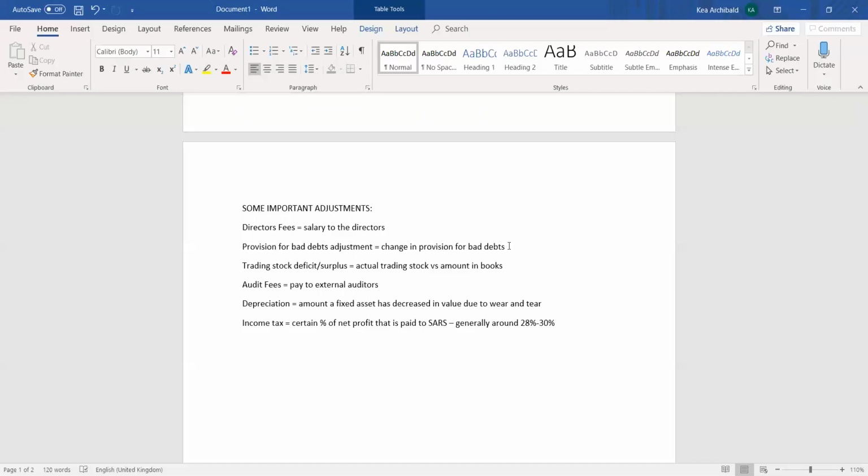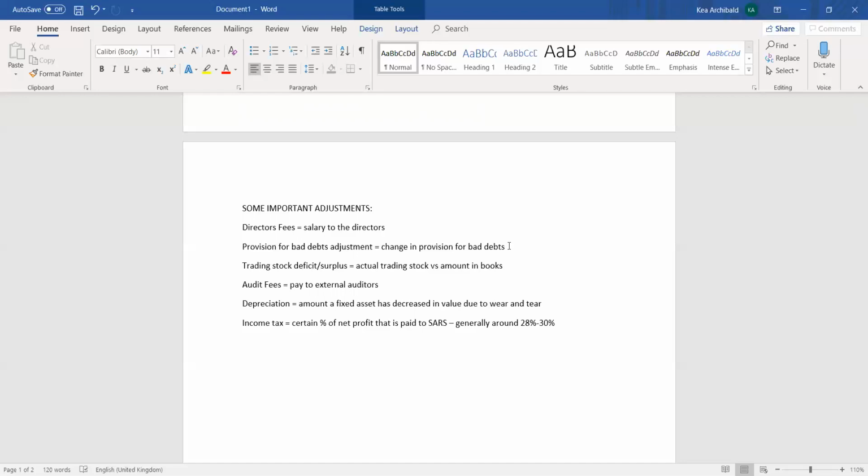Then we move on to trading stock deficit or trading stock surplus. This is when we compare our actual trading stock amount to the amount that we have recorded in our books. This is generally after we've done a stock take at the end of the year, and we compare it to the amount we have recorded in trading stock in our books. If the amount in our books is higher than the stock count, it means we actually have lower stock than we have recorded.